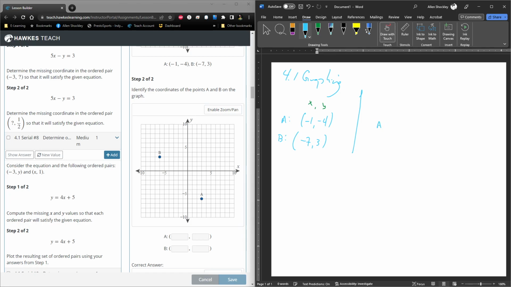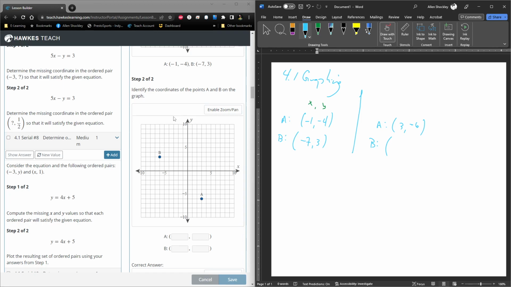So my A value is 3, and then I move down to get to the y coordinate of A. So negative 1, negative 2, negative 3, negative 4, negative 5, negative 6. So 3, negative 6.